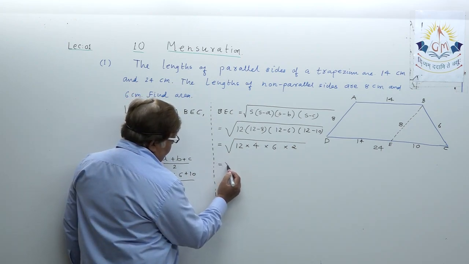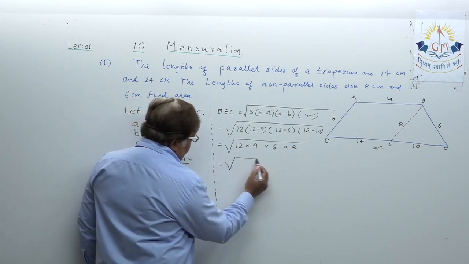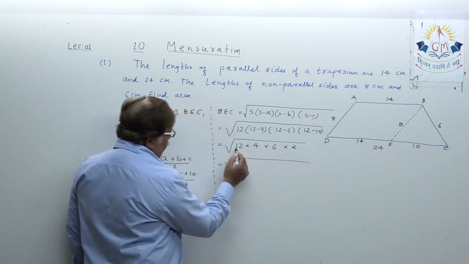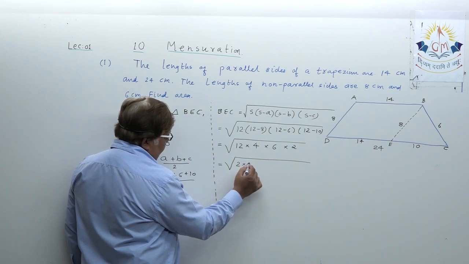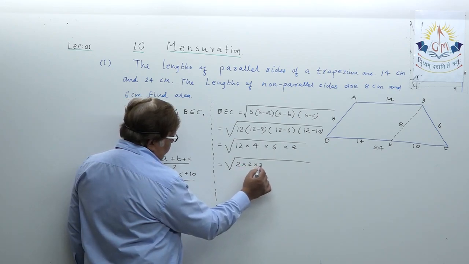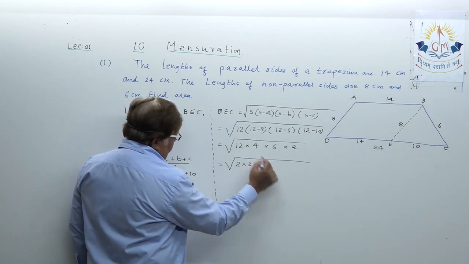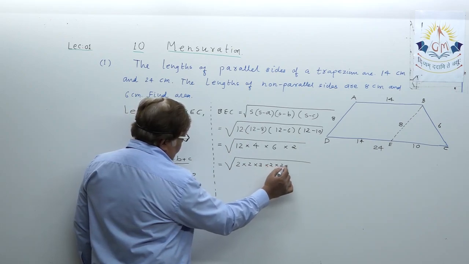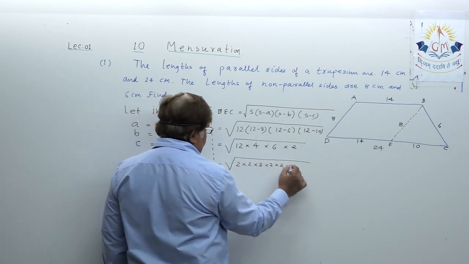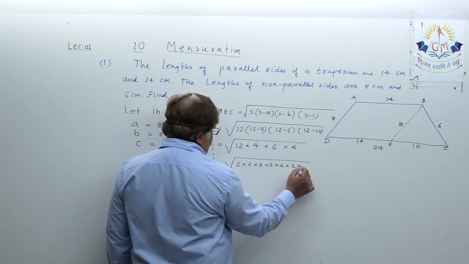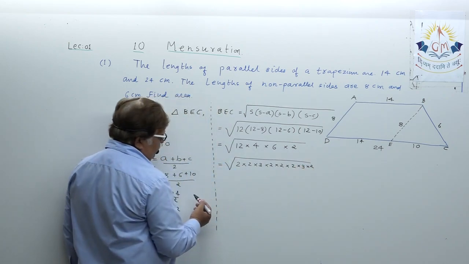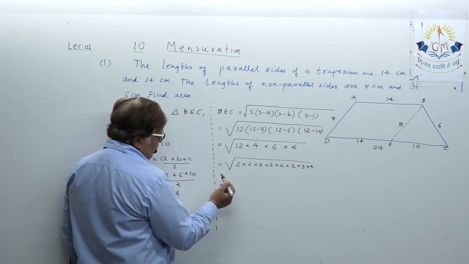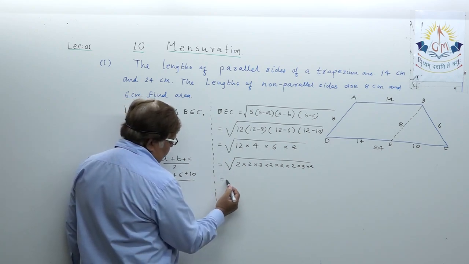Let us prime factorize all of them. 12 you can directly do this way because it's a small number: 2 into 2 into 3. 4 is 2 into 2. Obviously 6 is 2 into 3 and this 2 as it is. Have you done it with me?